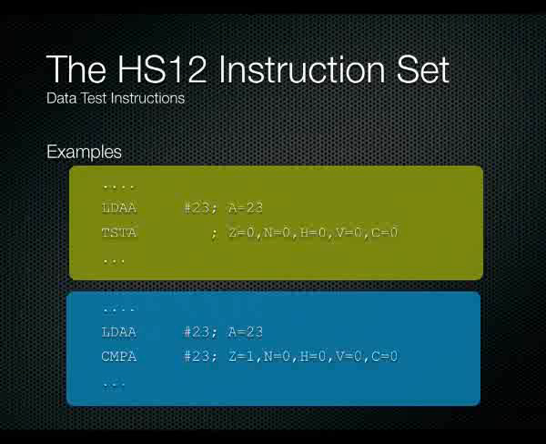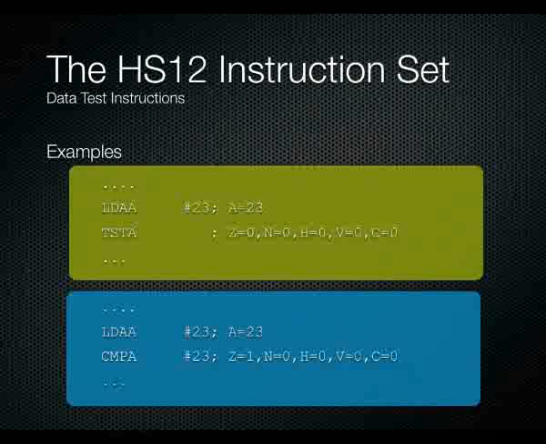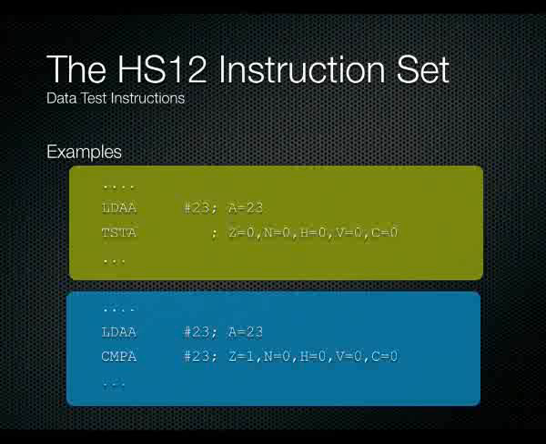It simply sets those bits inside the condition code register, and later on we could do something else after that instruction, which may cause us to branch somewhere depending on what values of Z, N, H, V or C are set. We can also do the same sort of thing: load accumulator A with 23, do a compare A of 23, and it will set the condition code flags accordingly.